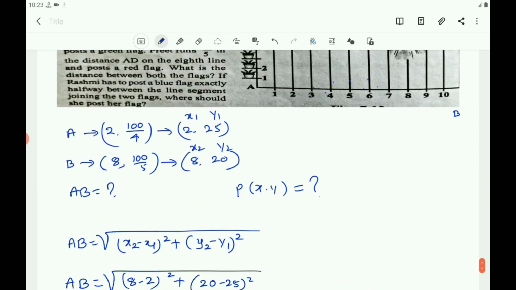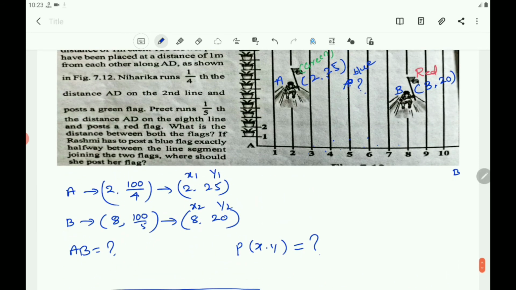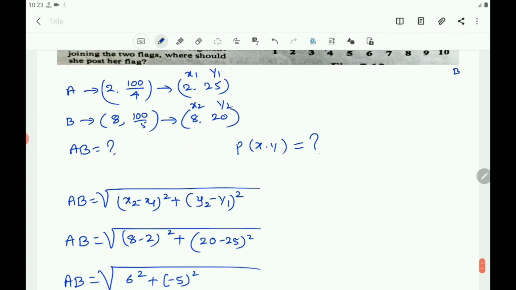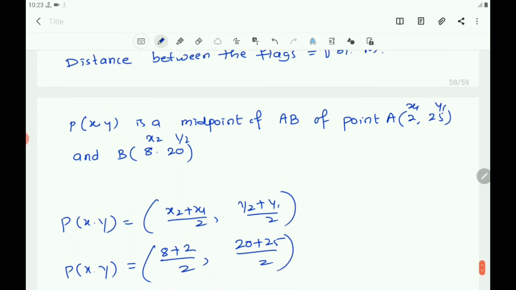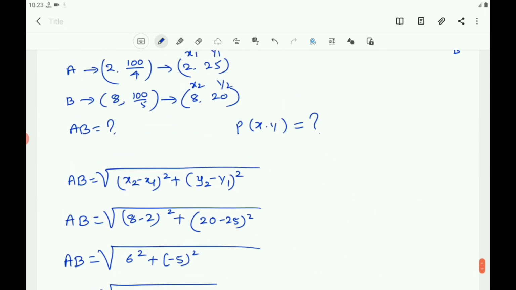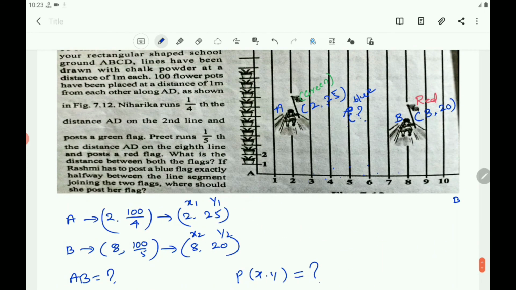Now here we have to find the point at which the flag should be. The coordinates you got are 5 and 22.5. On the fifth line at a distance of 22.5 meter.